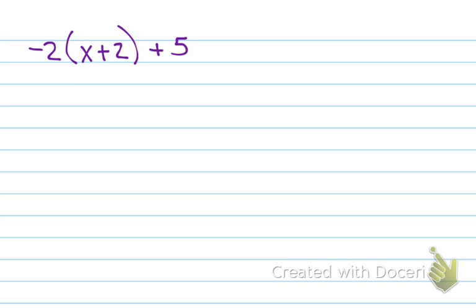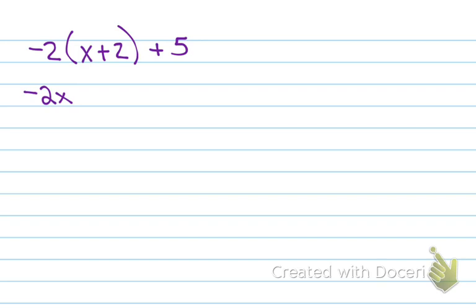Okay, can I combine what's inside the parentheses? Can I combine that? No. X plus 2 cannot be added together. They're not like terms. So what do I do to get rid of the parentheses? I have to multiply by negative 2. I have to distribute. Negative 2 times x is what?